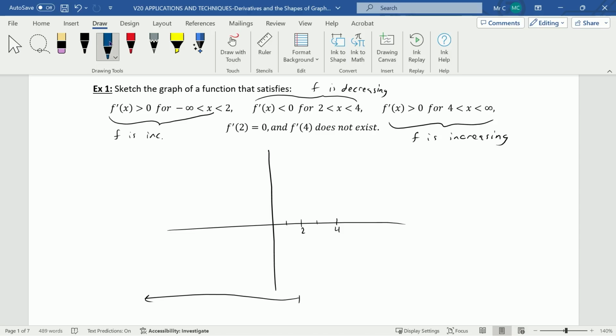And so I'm going to notate increasing by just putting a little up arrow here on this part of the interval. And then from 2 to 4, our properties tell us that the function is decreasing. So I'm going to put a little down arrow here.